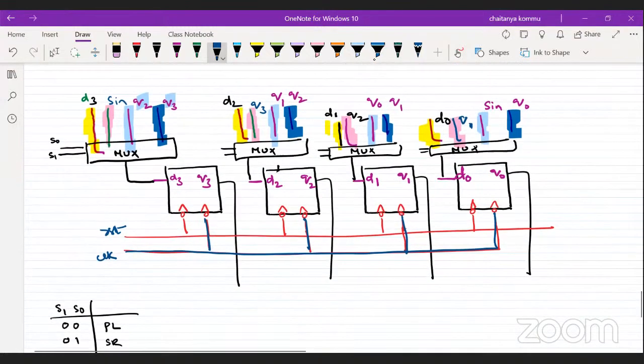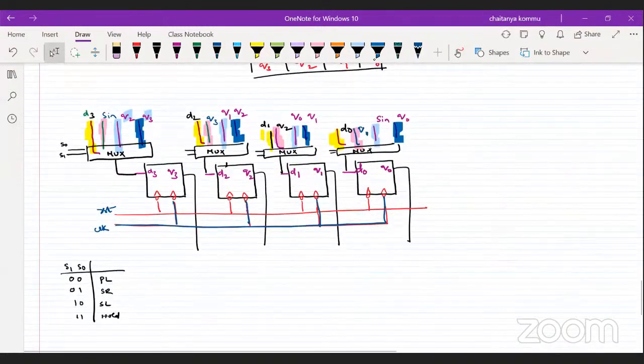Please try to write a structural Verilog program for this universal shift register. And if possible, try to write the behavioral modeling for this one also, if you know it very well. So we stop here today, and we will see the remaining things in the next class. Okay, thank you very much.